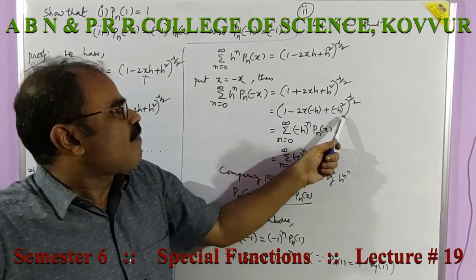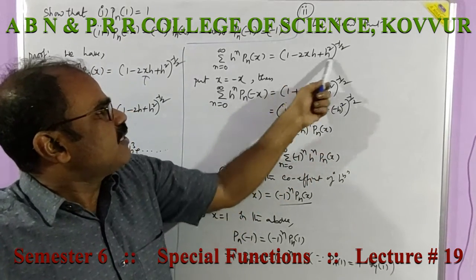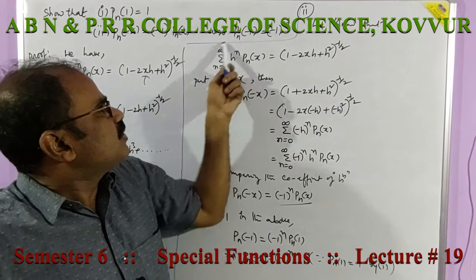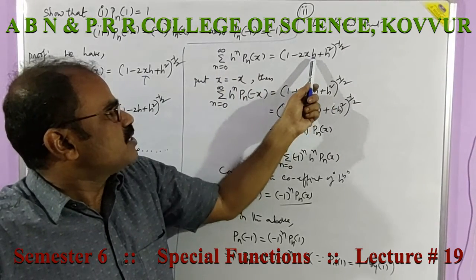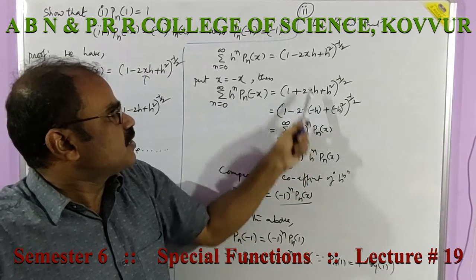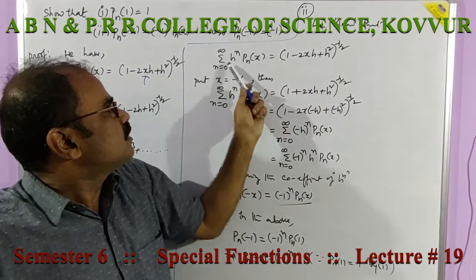So what you have? Comparing it with the standard equality of the generating function, in place of h we have minus h here, therefore this can be replaced like this.